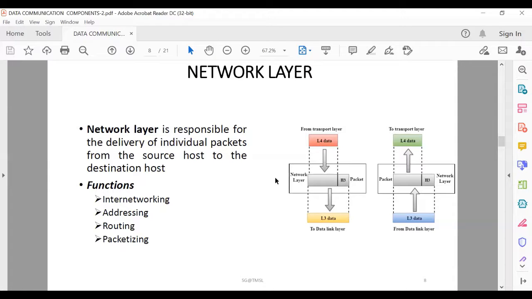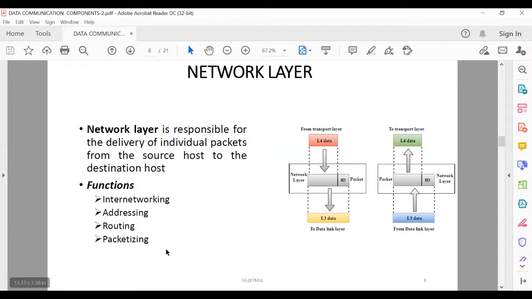Addressing is used to identify the device on the internet. Next is the routing. Routing is the major component of the network layer, and it determines the best optimal path out of the multiple paths from the source to destination point.